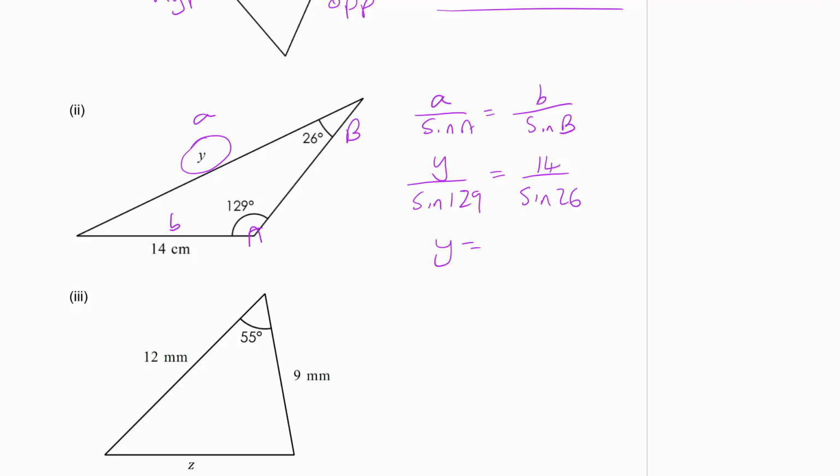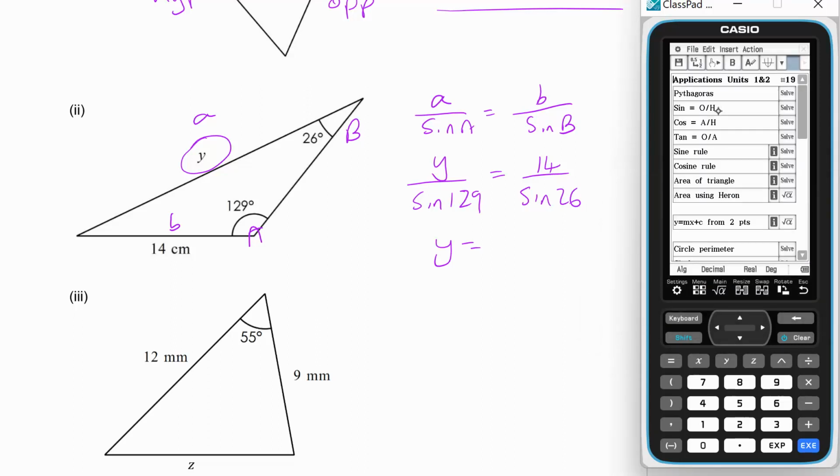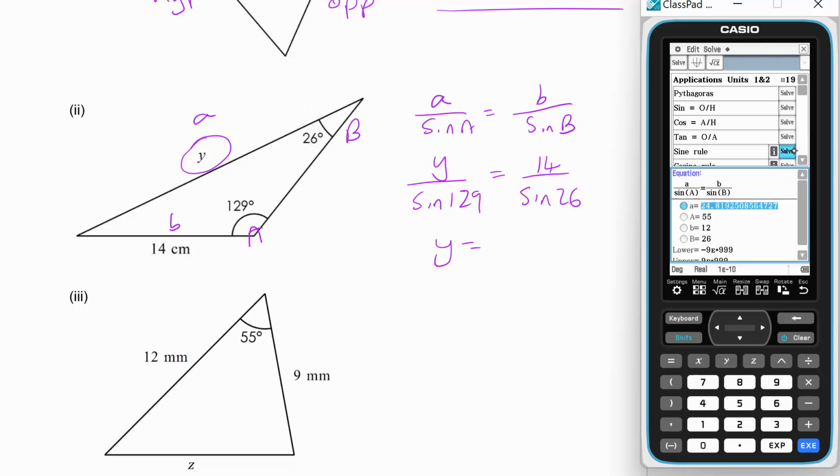So y equals, and we can use an E activity for that. So just going to grab the class pad and let's use the E activity for the sine rule just here. So we're trying to find A, which is good.